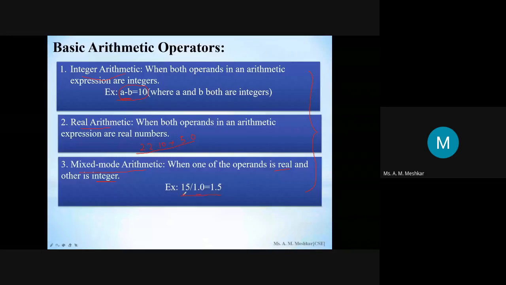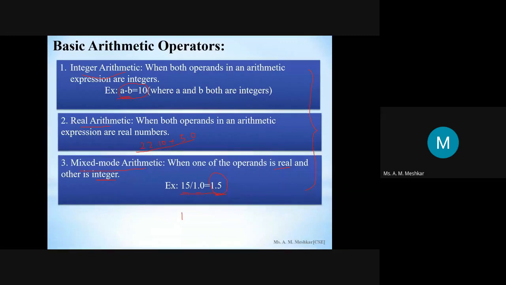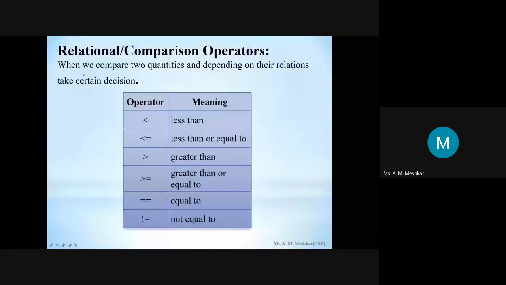So this value you can see here, 1.0 is float data type, this is 15 integer, answer is going to be 1.5, so it is going to be real. But if both the values are integers, then the answer is going to be integer. In mixed mode arithmetic, if one of them is real and the other is integer, the answer is going to be real. Okay, let's move on towards the second category.